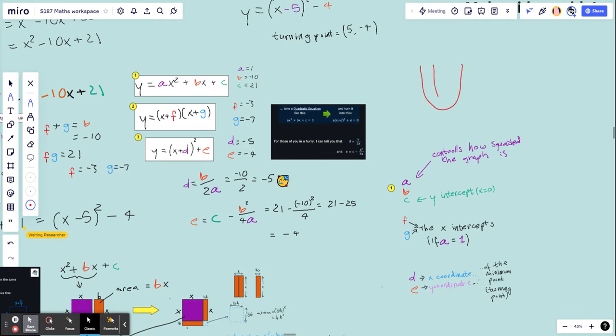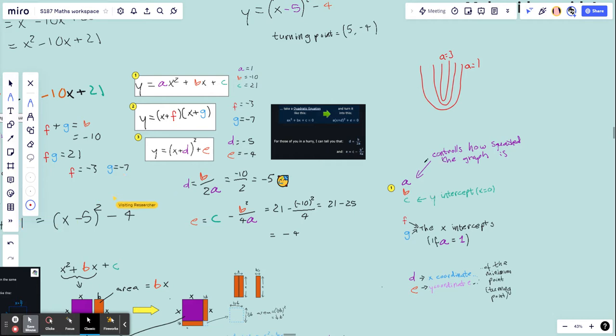You could have a curve that's more squashed like that, or even more squashed like this. This might be A equals 3, this might be A equals 1, and that could be A equals 2, of course. And then you could have A equals 0.5 and get even more stretched out. So that's just what that does.